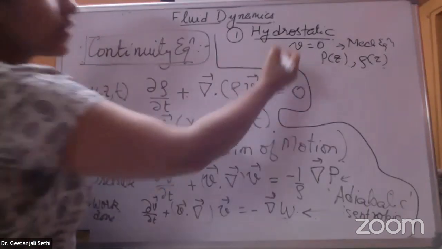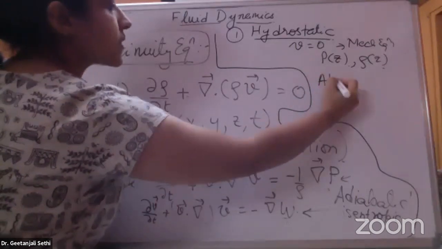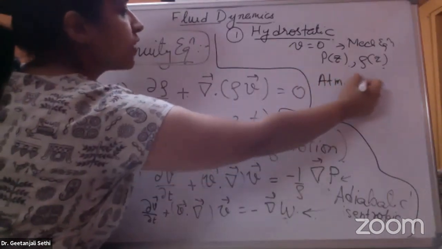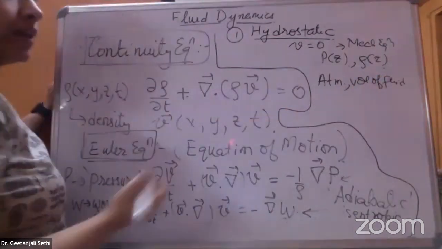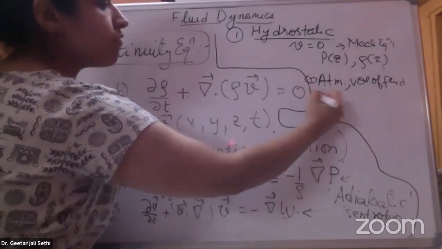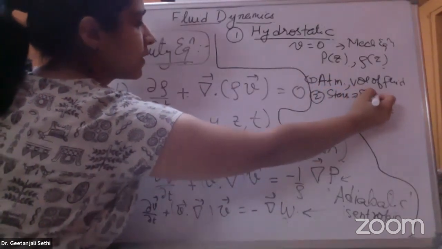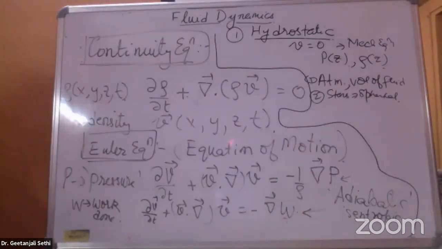And I showed you that an example of a hydrostatic system we worked out yesterday was Earth's atmosphere or if you have volume of a liquid or a fluid in a container, and that of stars, spherical stars, right? We wrote down, we obtained, we didn't solve exactly the Euler equation. We wrote down the final Euler equation.